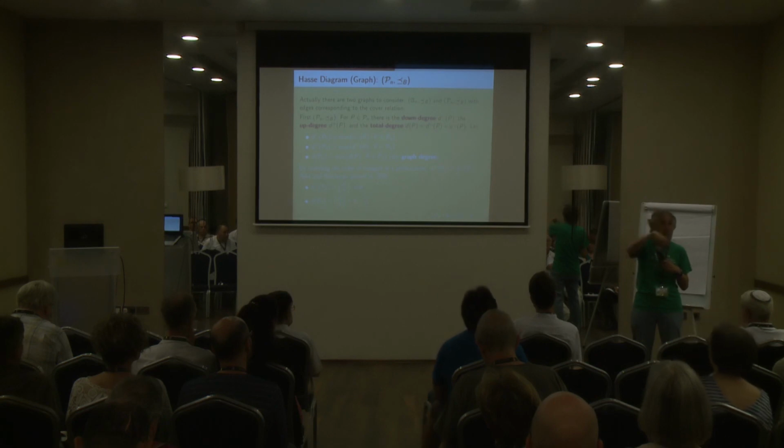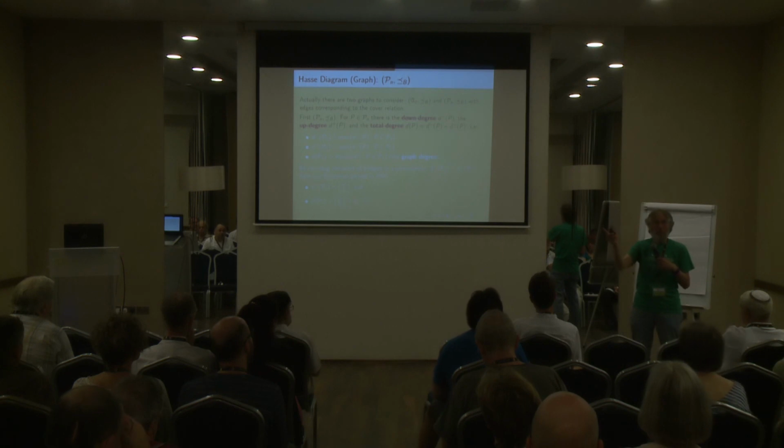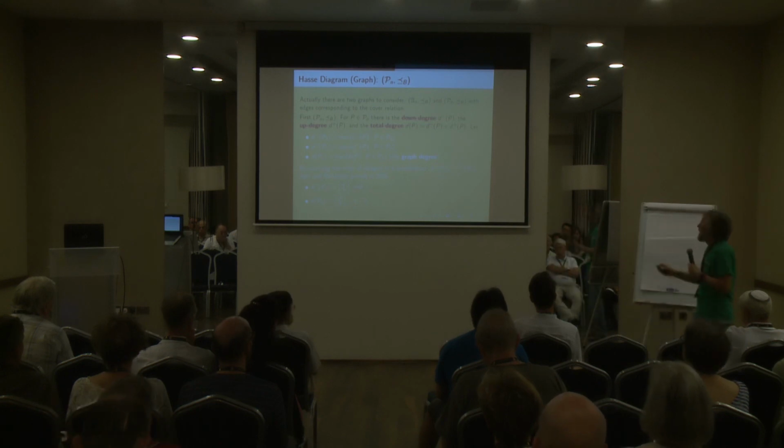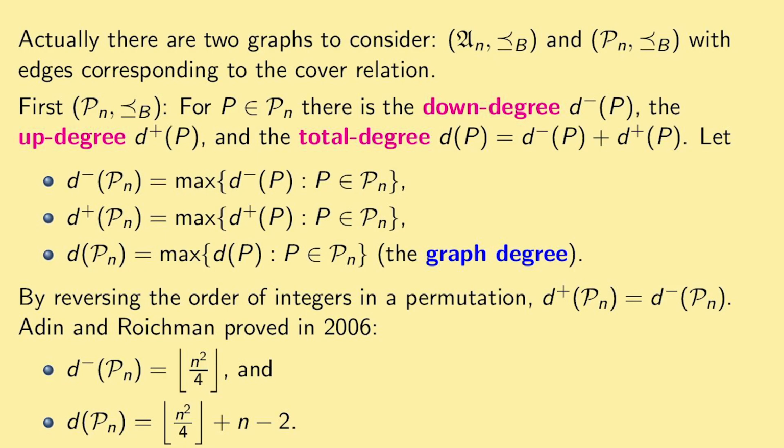And then you could talk about the total degree, which is the graph degree, the number covered by and the number covering. And you define the maximum of the down degrees, the maximum of the up degrees, and the maximum of the total degree.